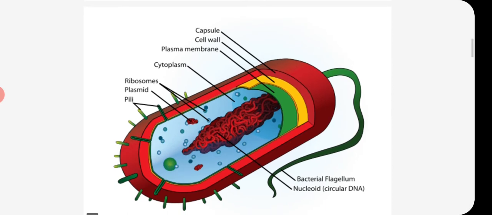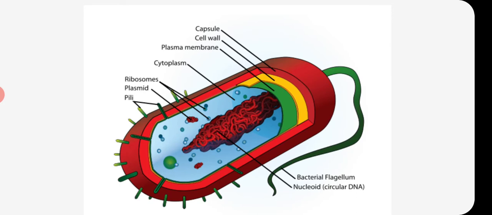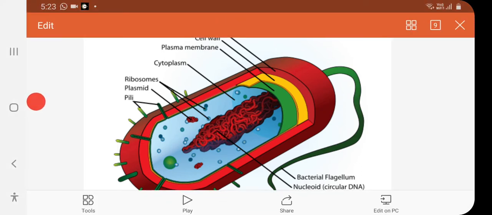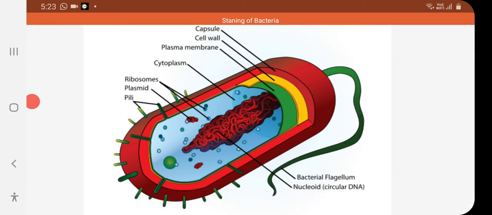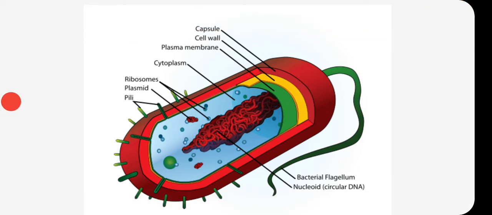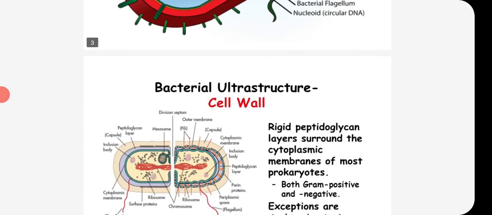Here in gram staining we use two stains. One is crystal violet and the second one is the counter stain, safranin. First we treat the bacteria with the gram stain, crystal violet. In the second step we treat the bacteria with safranin.